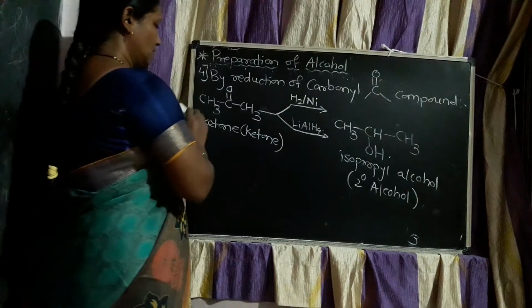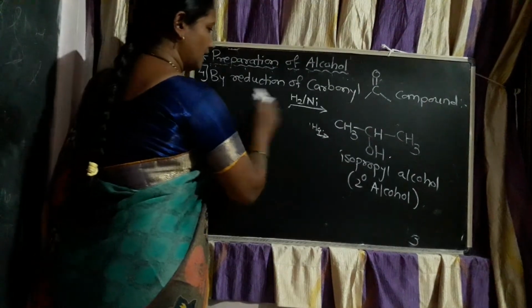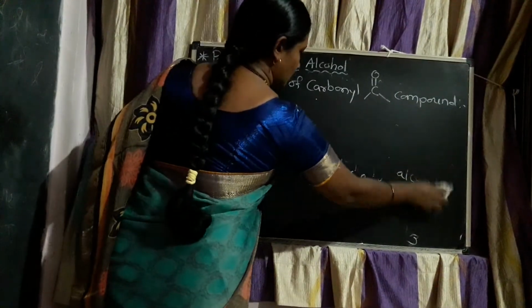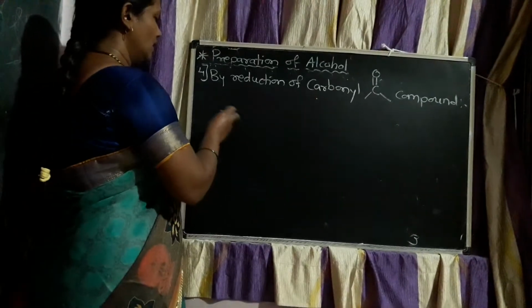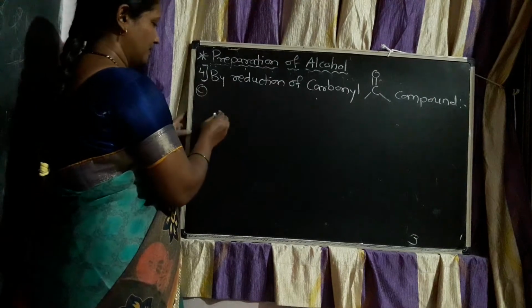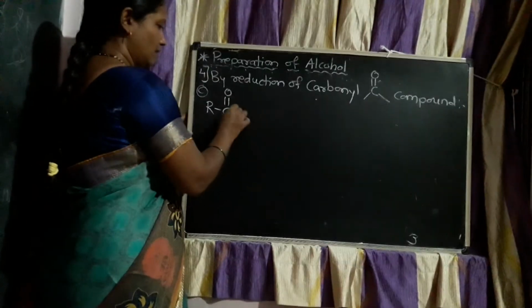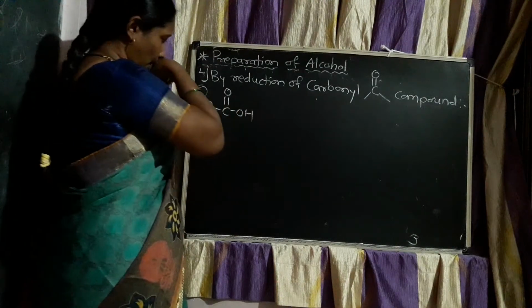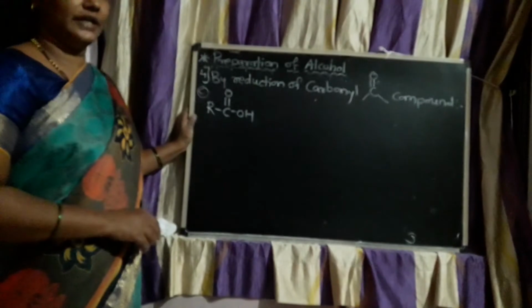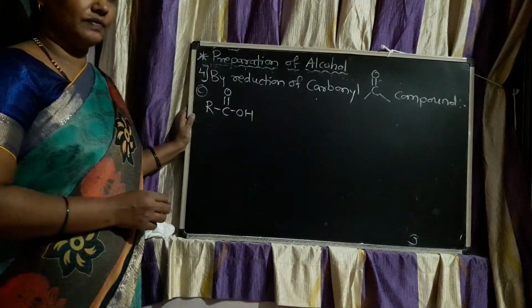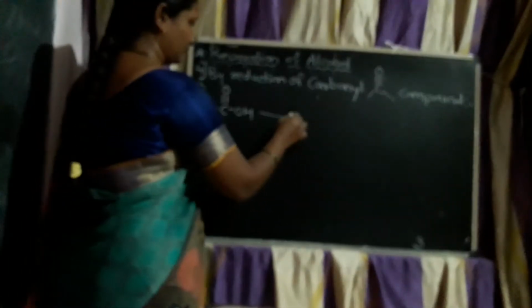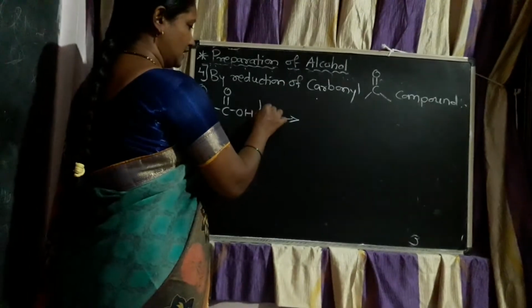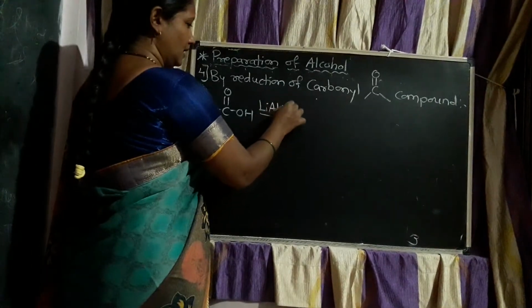Now in this, the third sub-reaction, that is from carboxylic acid. The third carbonyl compound is the carboxylic acid, R C double bond OH. Now this carboxylic acid is reduced only in the presence of a strong reducing agent like LiAlH4.